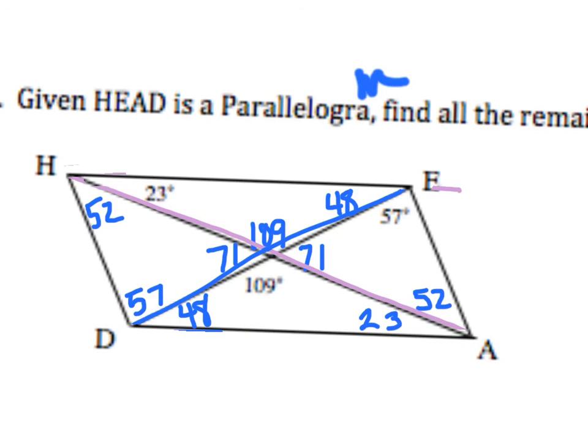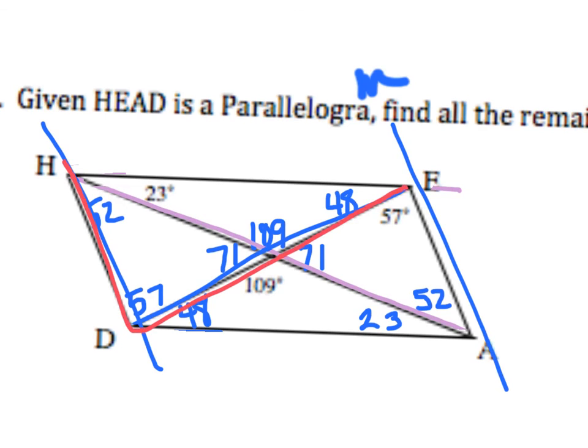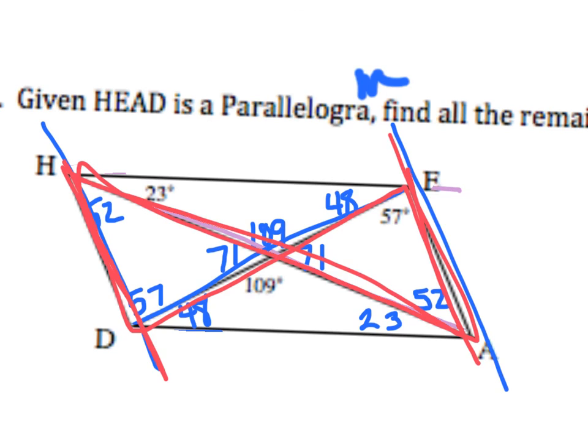So if HD and EA, I can use the Z going this way and the Z going the other way. Okay, so a couple different ways that you can go about doing these. Look for triangles, know your properties of parallelograms, and all the other shapes.